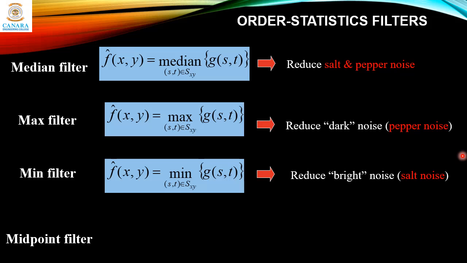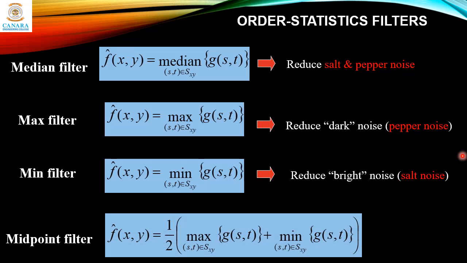Then we have the midpoint filter, which is given by this expression: half into max of g of s, t plus minimum of g of s, t. So we add the maximum value and minimum value in that sub image and divide by 2. That is the midpoint filter.